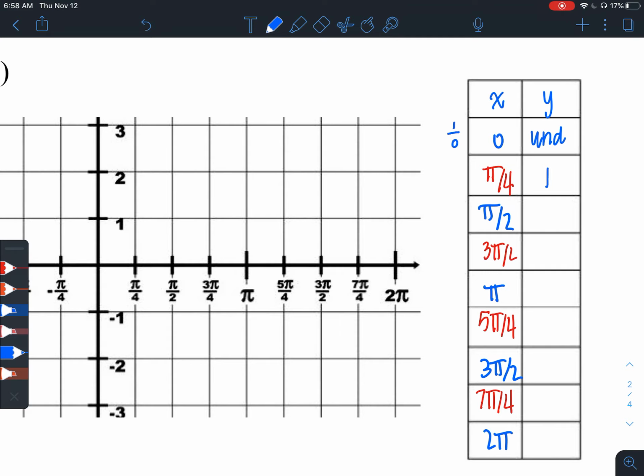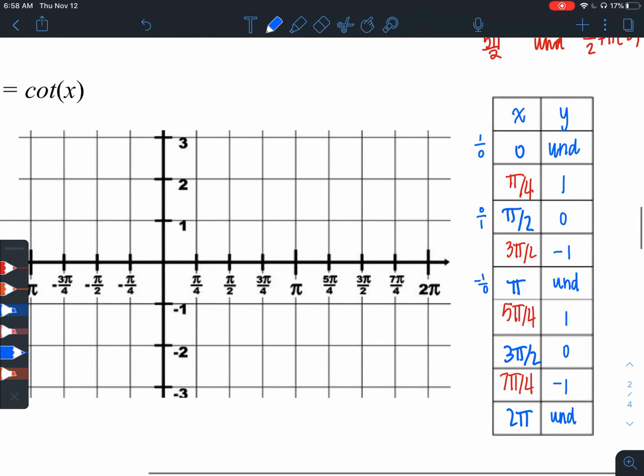At pi over 2 we have 0 over 1, so it's 0. At 3 pi over 4 we have negative radical 2 over 2, radical 2 over 2, which is negative 1. And then at pi we have negative 1 over 0, so that's undefined. And so now it starts repeating itself, so it goes undefined, 1, 0, negative 1, undefined, 1, 0, negative 1, undefined.